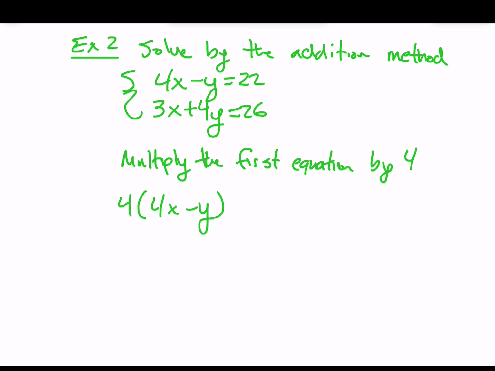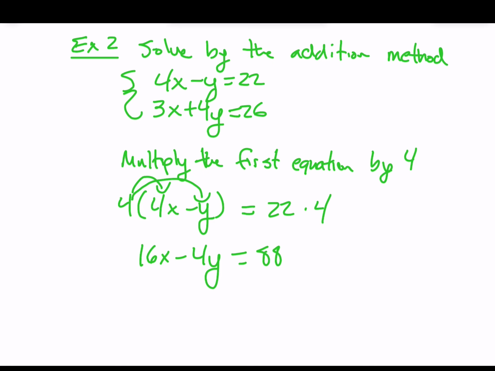So we have 4 times 4x minus y, that's the left-hand side, is equal to 22 times 4, which is the right-hand side. So 4 times 4x, distributing, we get 16x. 4 times negative y is minus 4y. And 22 times 4 is 88.